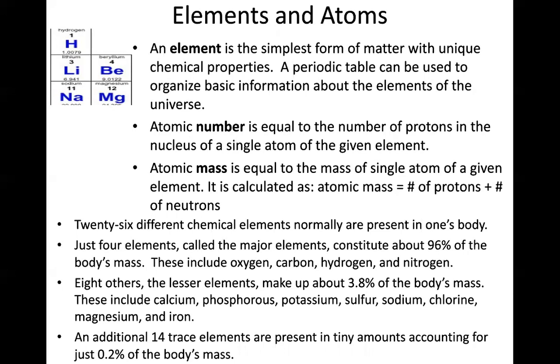Included in each of those boxes will be three major things. The abbreviation for that element, which is always going to be at least one letter, and that letter would always be capitalized. And then if there's two letters, the second letter is always going to be lowercase. Okay. A lot of times it's the first one or two letters of the word of that element, like H for hydrogen, okay, which is super simple.